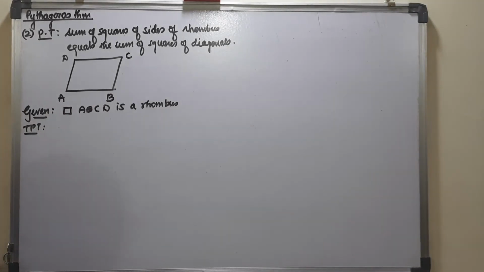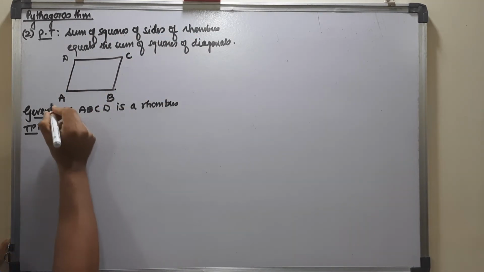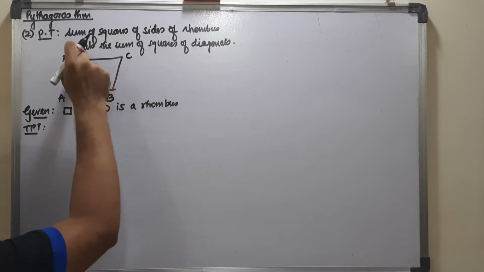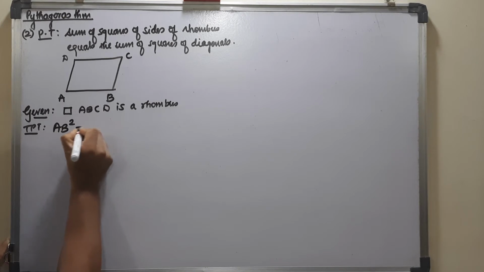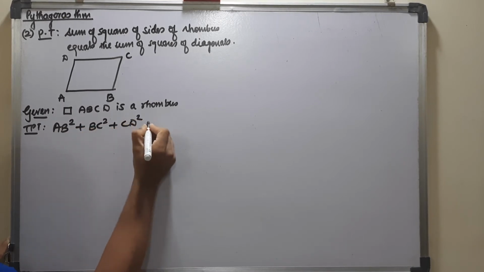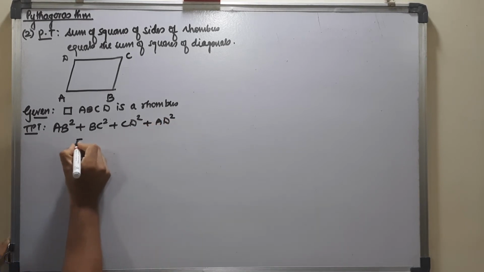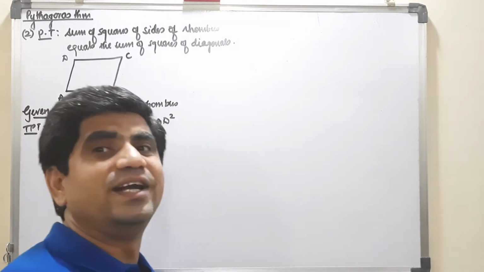Okay, so here I have sum of the squares of sides of rhombus. That means this is one side of the rhombus, this is another side, this is third side and this is fourth side. So squaring them and adding, AB square plus BC square plus CD square plus AD square is equal to the sum of the squares of diagonals.